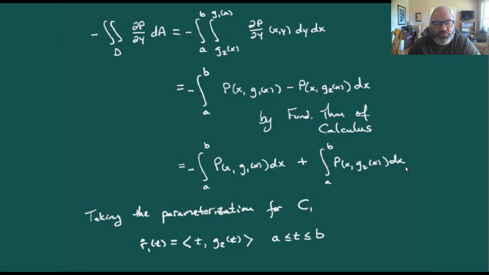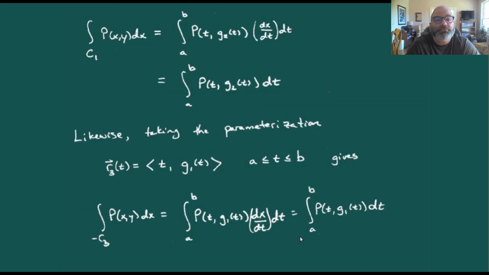And so now let's bring our curves into this. The parameterization for C1, which is our bottom curve, is just t and g2(t), since y is a function of x. If we then compute the line integral over C1 of P(x, y) dx, we plug in our parameterization, and dx becomes dx/dt dt.